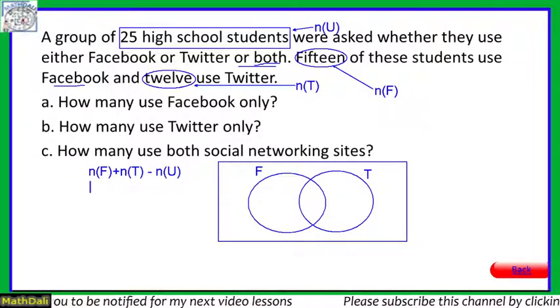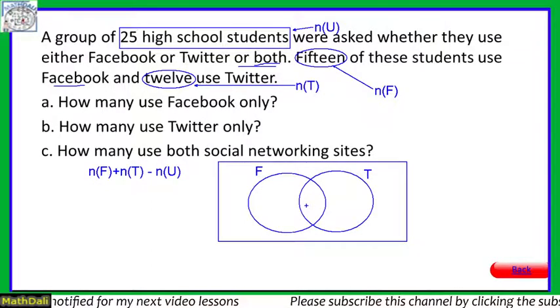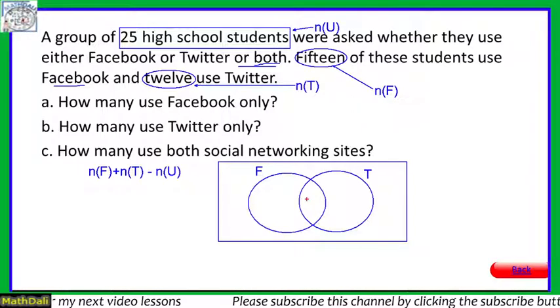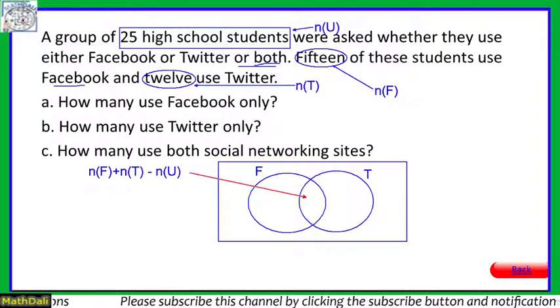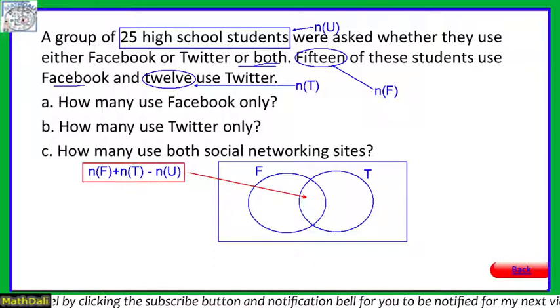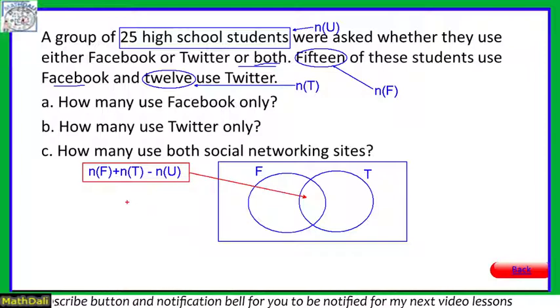So, yan. At yun yung ilalagay natin dito. Gagamit ako ng red para dito. Ito yung ating gagamitin na set operation or yung formula natin. Yan. Okay, so simulan na natin.